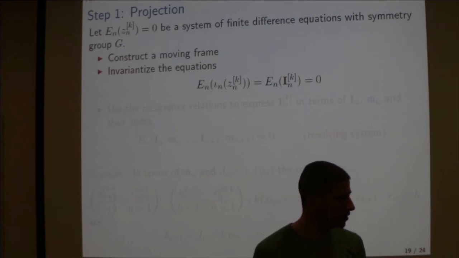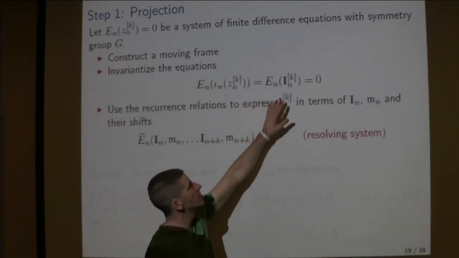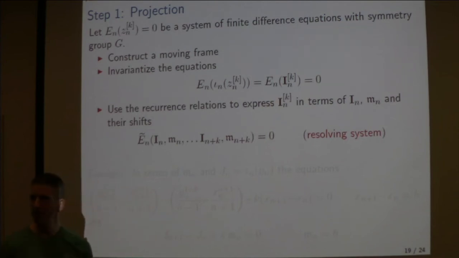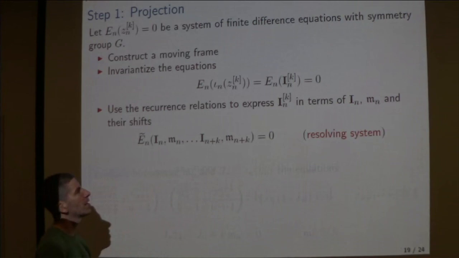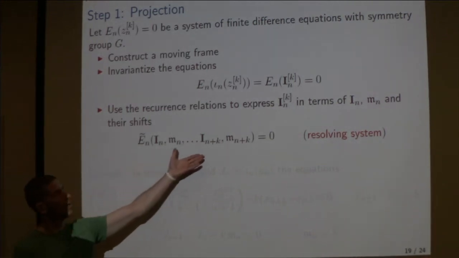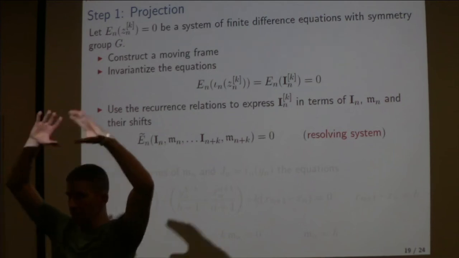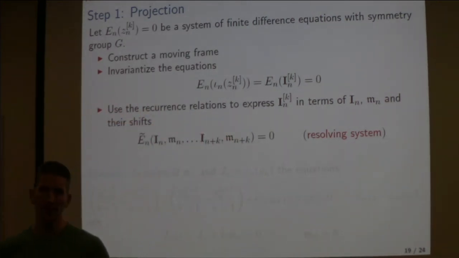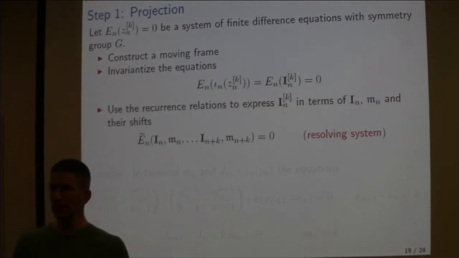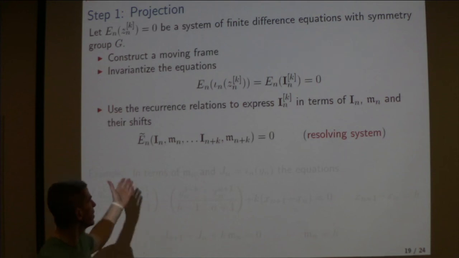Then you can use the recurrence relations to re-express the result in terms of the generating invariants, so the Maurer-Cartan invariants and the order 0 normalized invariants. And then we obtain what we call the resolving system, which is the original equation projected inside the space of invariants. Okay, so that's the projection step. You construct a moving frame, you invariantize, and you obtain this equation here.